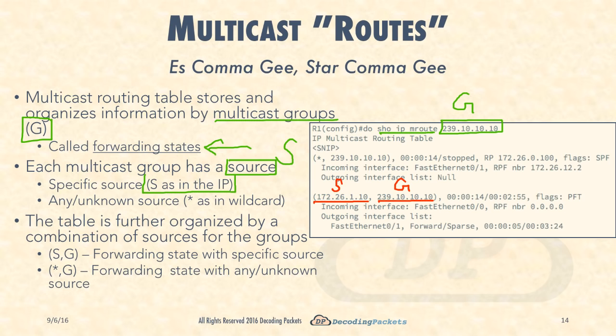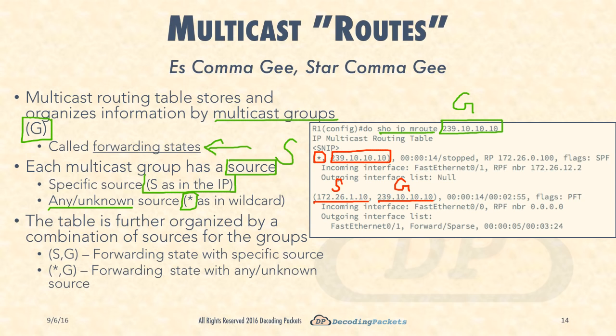It could be that, or that you do not know of the source yet. So it's either any or it's unknown. Either way, we use a star, or an asterisk really, to identify a wildcard source. So plug in anything in here as long as the group is good. That's what I'm interested in. And that manifests itself in the routing table as really a star. So it's a star and then a comma G.